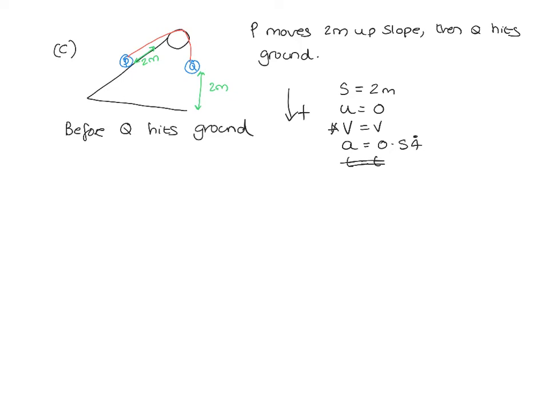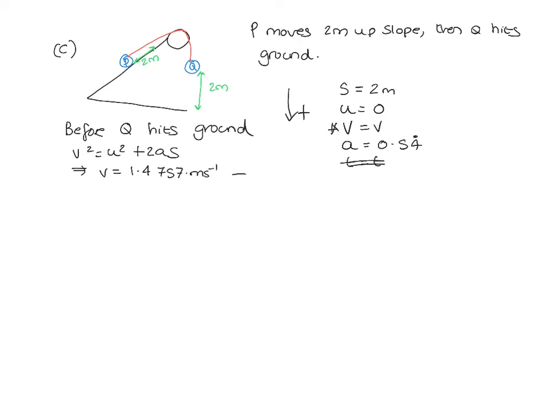We're going to look at S, U, V and A, and use the formula V squared equals U squared plus 2AS. We could use V equals U plus AT as well. It doesn't really matter, we'll get the same answer. From here, we work out what V is equal to, and if you substitute in the information, you will find that V equals 1.4757.